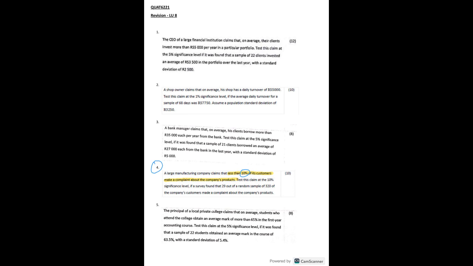They said less than 10% of its customers complain about the company's products. So this immediately says to you that you're working with a proportion, not a mean. And so when you get to step 3 to calculate the proportion statistic, it's p minus pi over the root of pi multiplied by 1 minus pi over n.